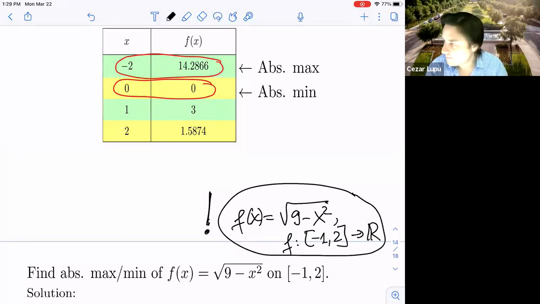So what do you think of this function? First, what do you need to do before you even start talking about critical numbers, about absolute min, absolute max? What is the first thing that you need to take care of? You see how the function is defined, it is the square root of something. What do we know about the square root?